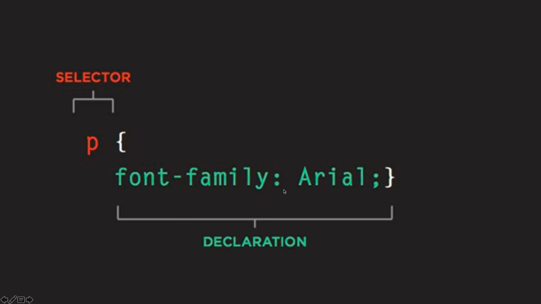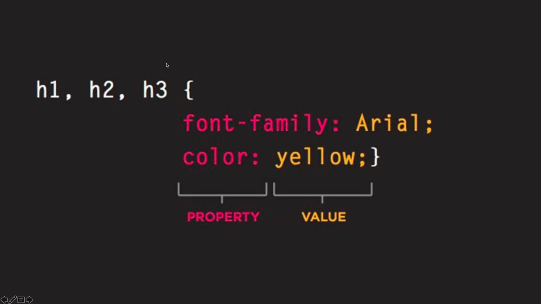As we move on through that CSS sheet, we're going to have more and more rules. In the next case, we have our H1, our H2, and our H3. We want all of these set to Arial with a color of yellow. Our declaration has what we call a property and then a value. Font-family is our property, and then we have our value. So let's break this down.